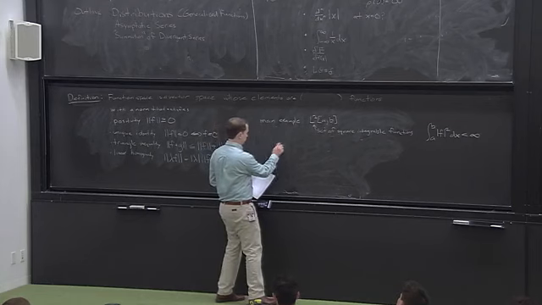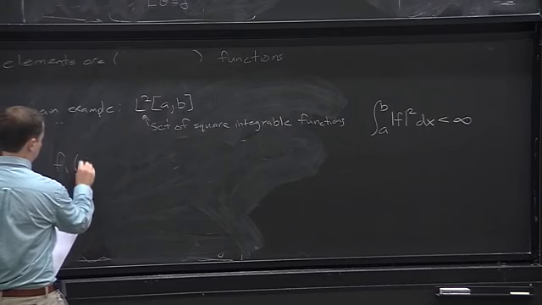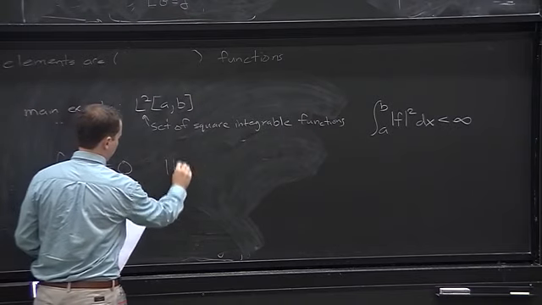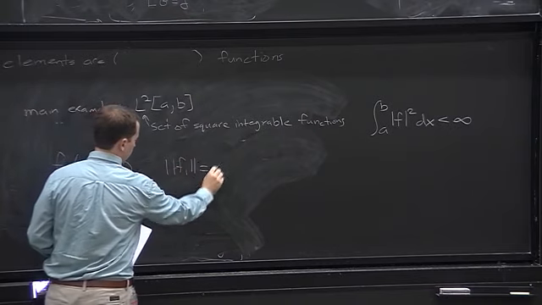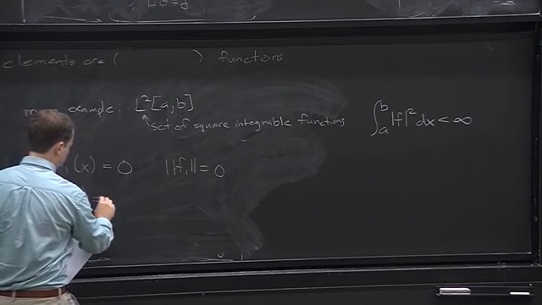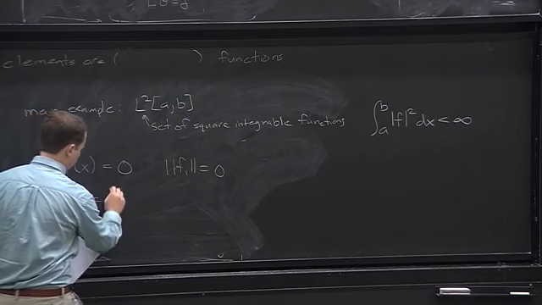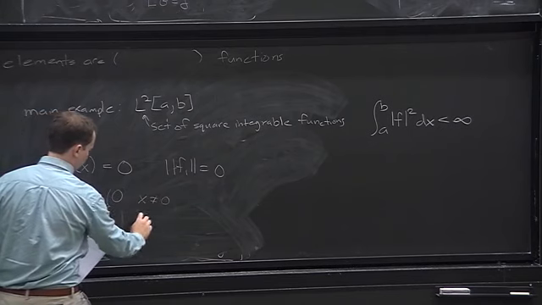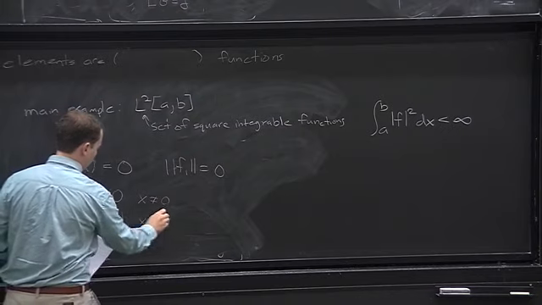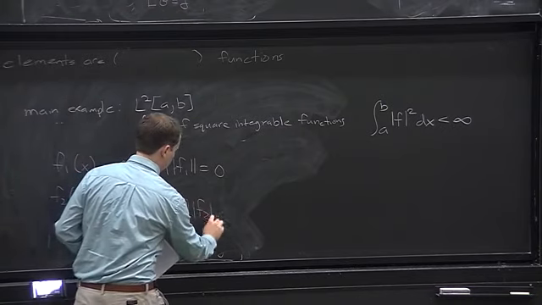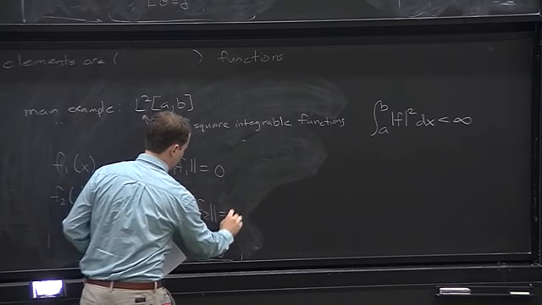Very good. So we could clearly have the 0 function with norm 0, but so does the function that's 0 almost everywhere, for x not equal to 0, and is 1 at a point. That also has norm 0.